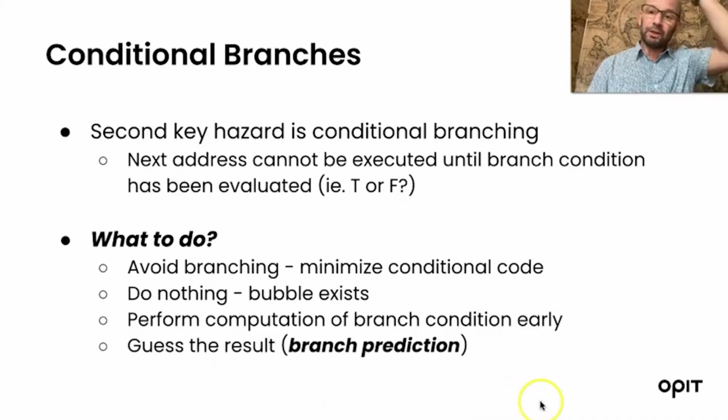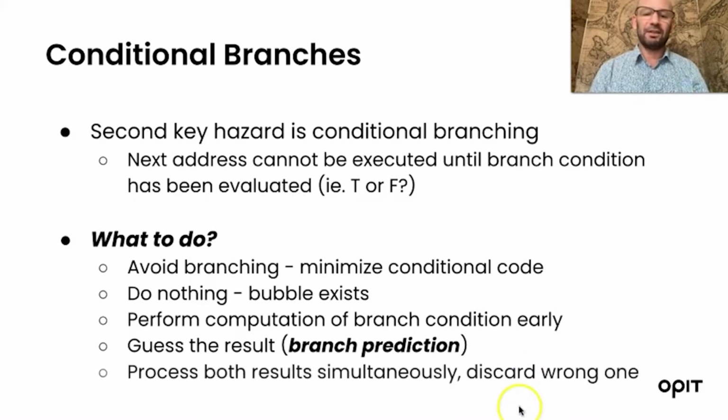And then the other thing we can do is guess the result. If we have seen this kind of conditional previously, we can use algorithms that give us a much better probability of choosing the right result. And if we can guess the result correctly more often than not, then that's very advantageous.